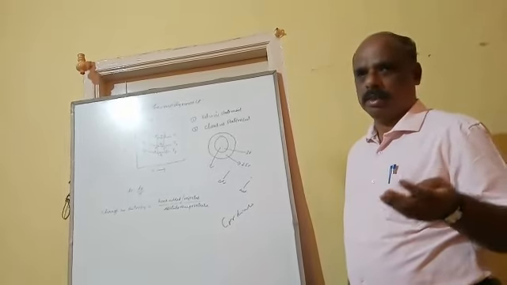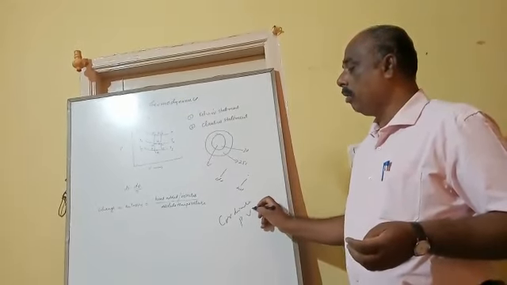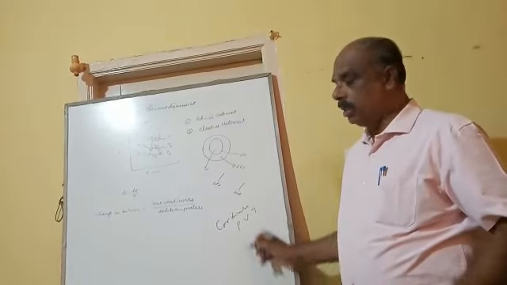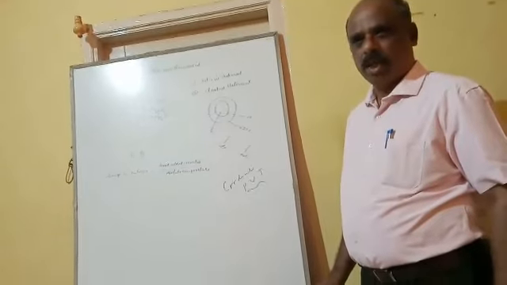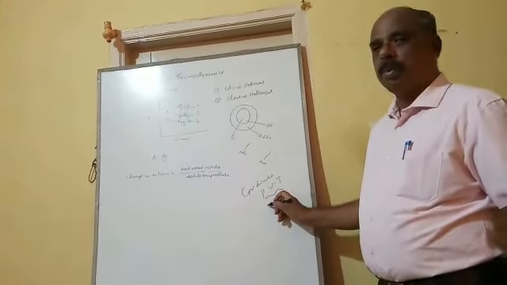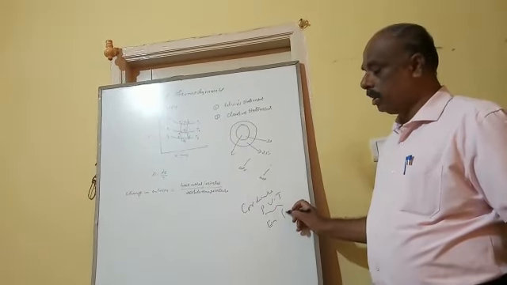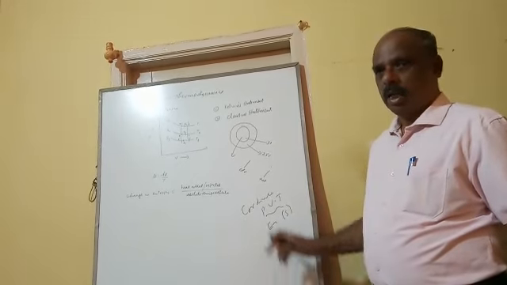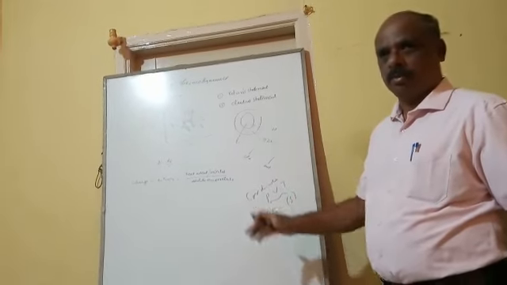For example, a gas is explained in terms of pressure, volume, and temperature. But these three are not sufficient to explain the existence of a thermodynamic system. After that, a new concept is introduced, which is known as entropy, represented by the letter S.